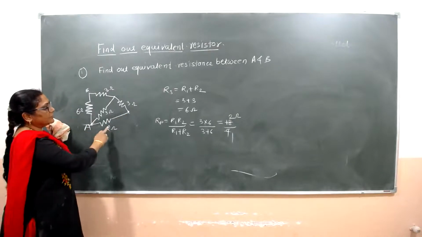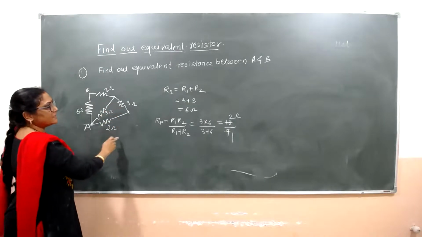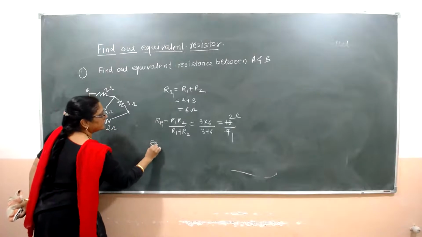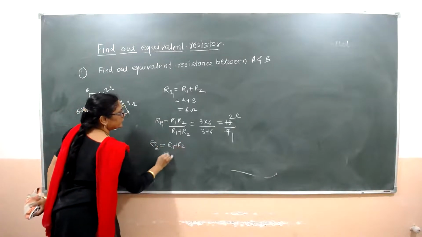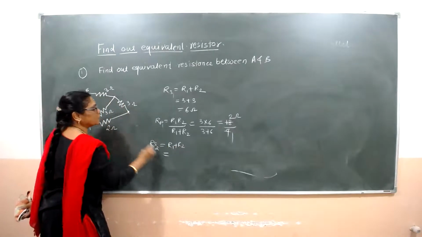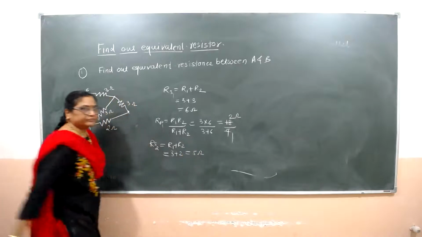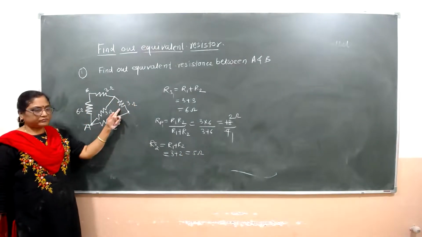Then again 2 and 3. What type of combination? Series. That is RS2, R1 plus R2, 3 plus 2, is equal to 5 ohm.